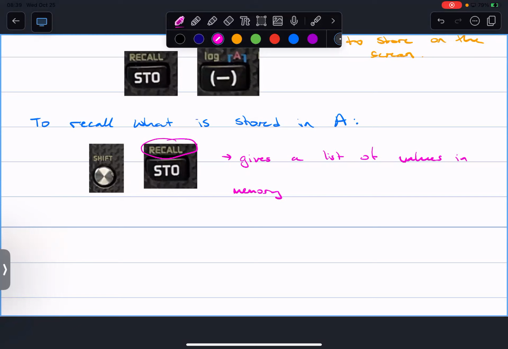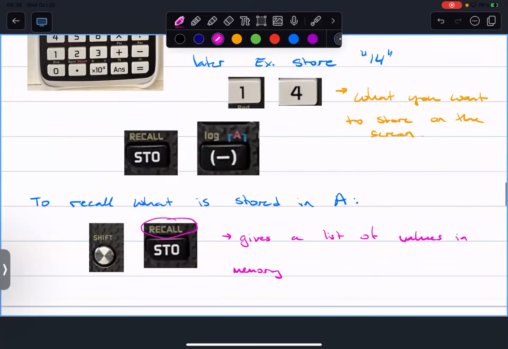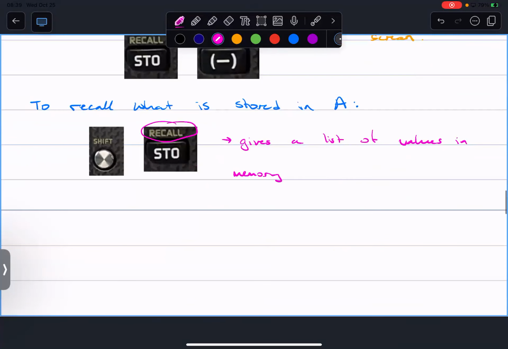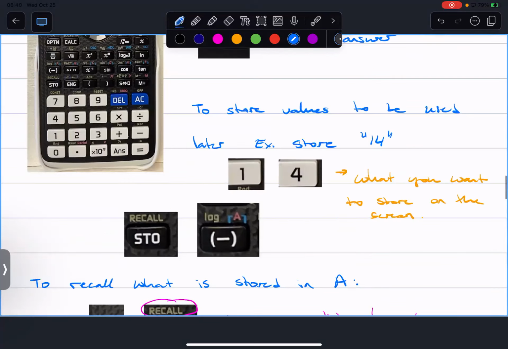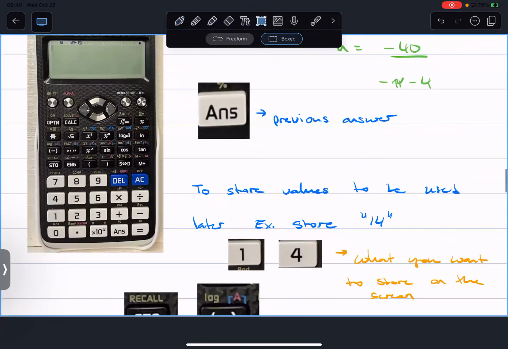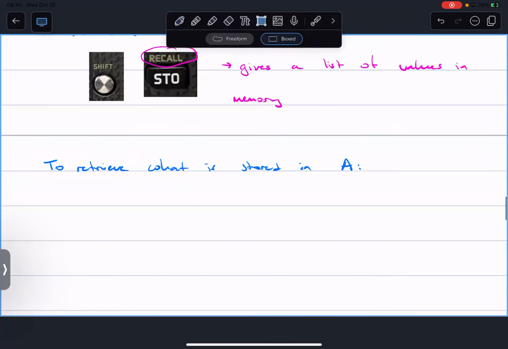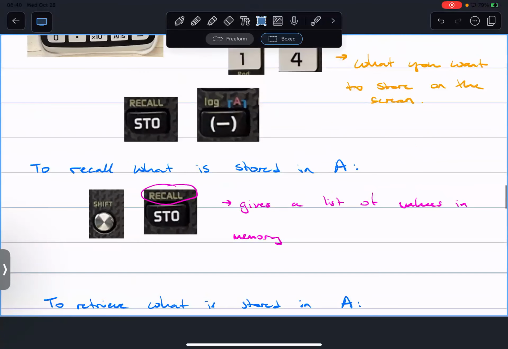So for me, to retrieve what is stored in A, I go Alpha A.